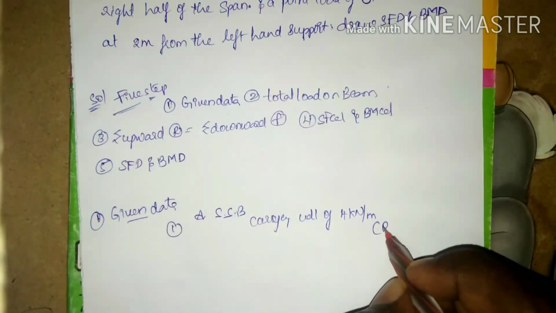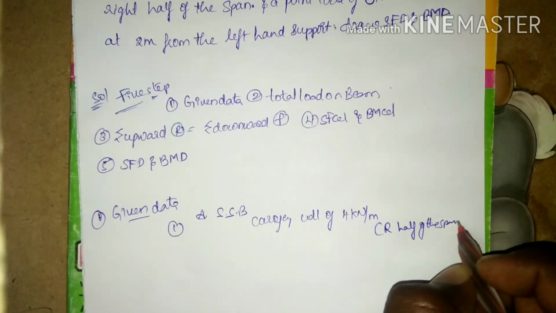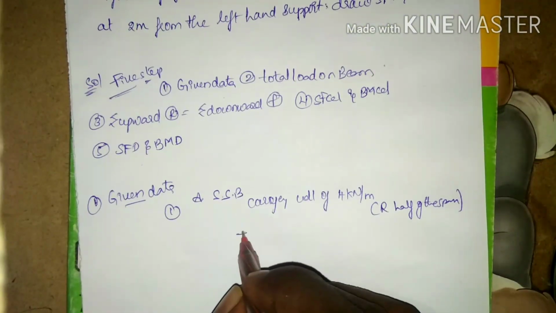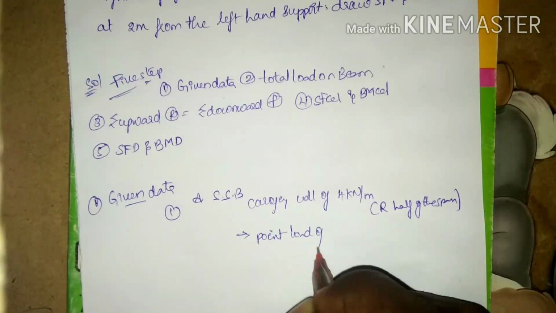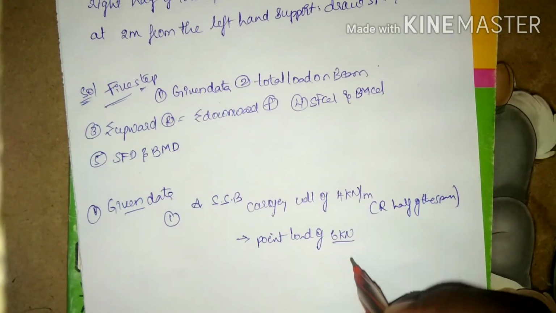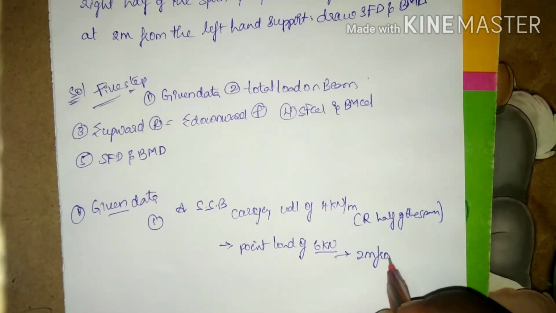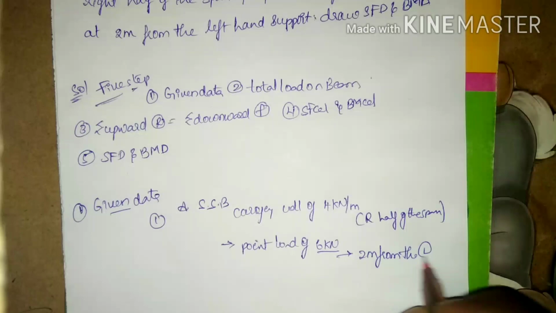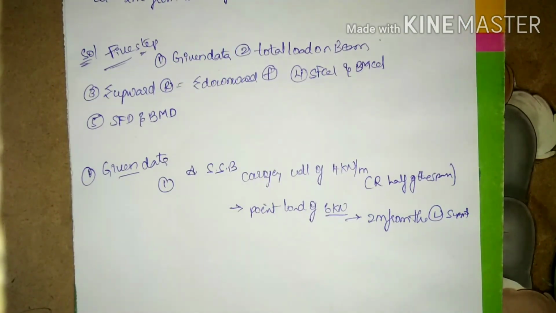It is acting for the right half of the span. And next, a point load of 6 kilonewtons is acting 2 meters from the left support. These are the given data.